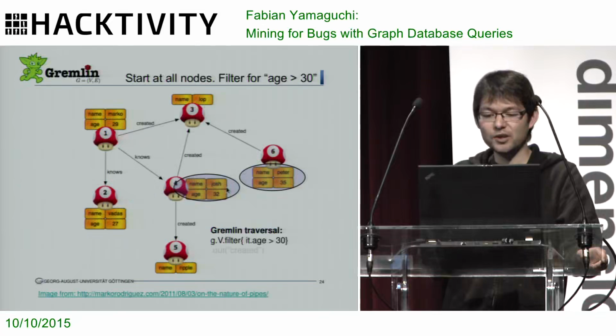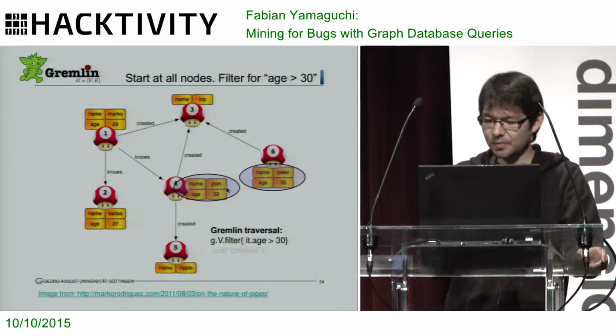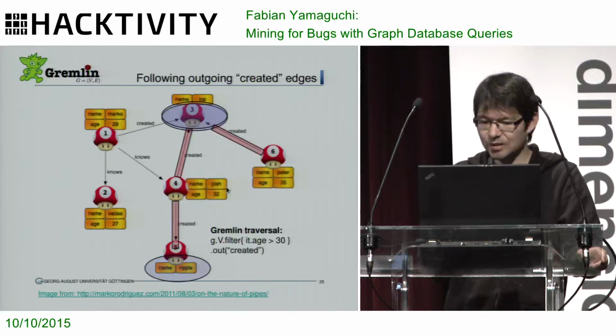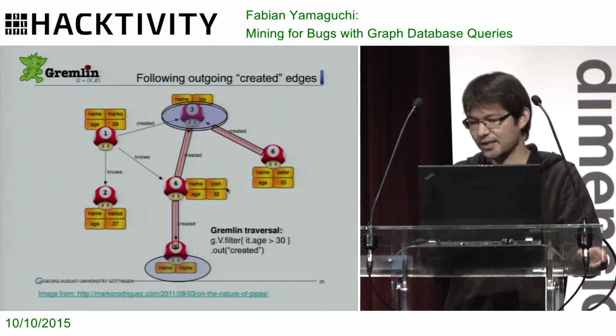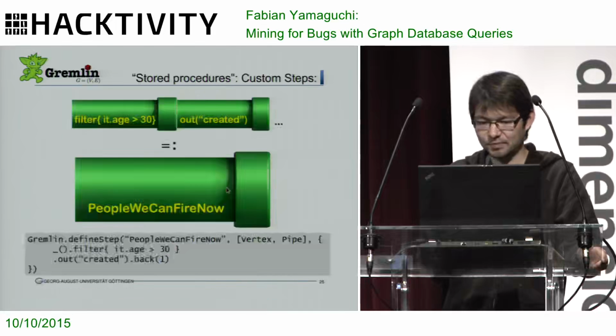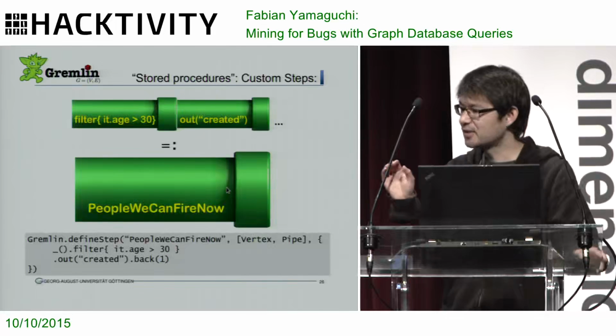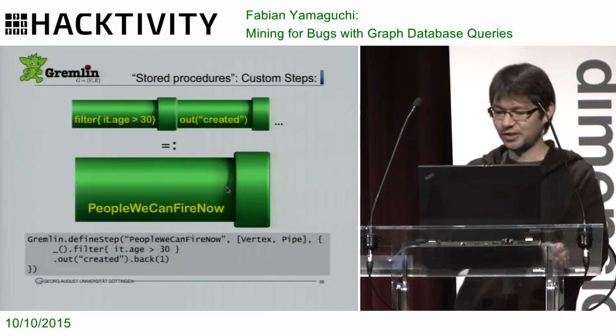So Peter and Josh are both over 30, right? And now we start at those, and we then follow all the created links, and we stop at the things that they've created, and this will be returned. That's it. Now the really nice thing is that you can get something like stored procedures here.